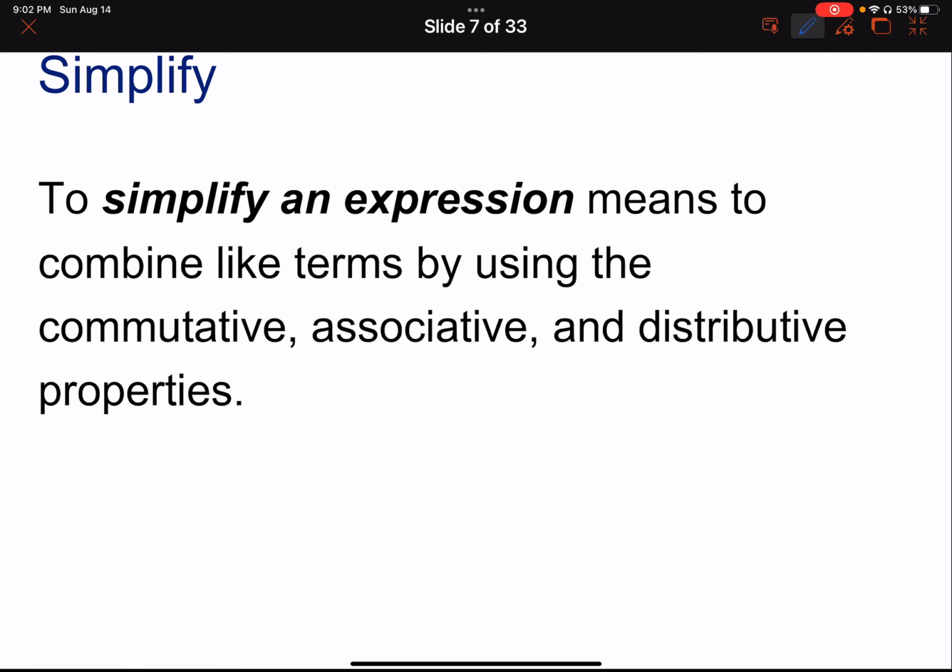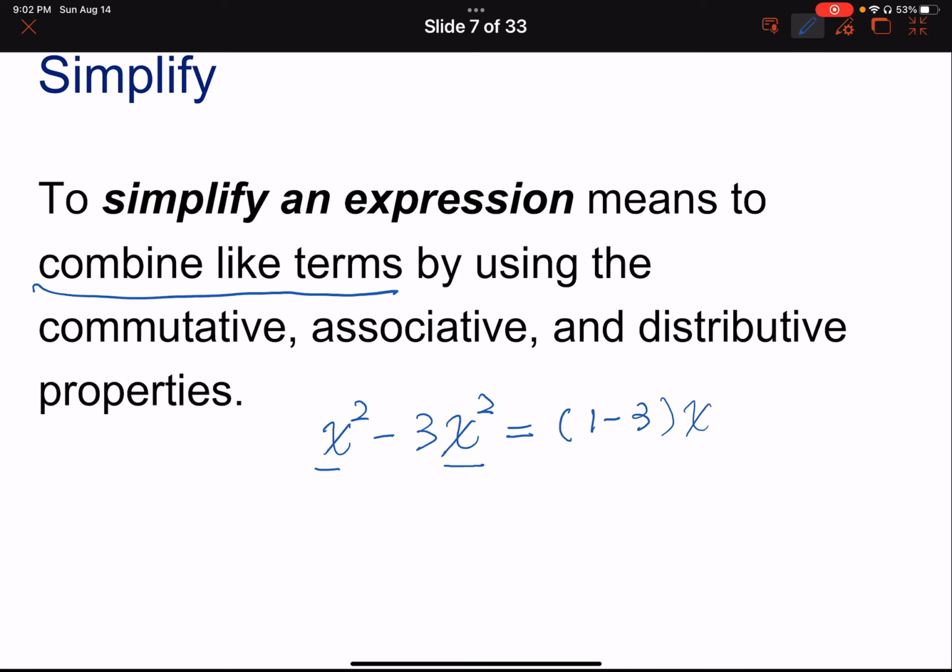A simplified expression typically means that you combine like terms, okay? A quick example would be x squared minus 3x squared. You've got like terms. So what you do is combine their coefficients. x squared again, its coefficient is 1, so 1 minus 3 times x squared equals negative 2x squared.